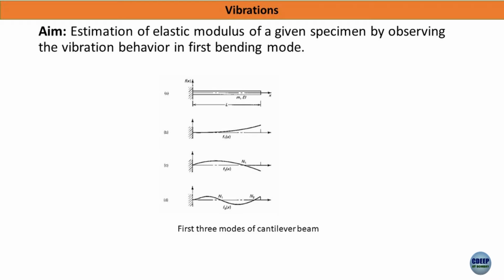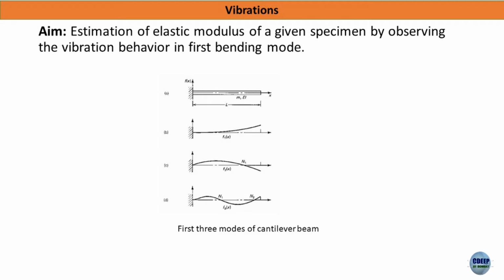In order to avoid this, we are exciting just the first mode or the first natural frequency of the cantilever beam, and we will be using the first natural frequency to calculate the Young's modulus of the beam. Here you can see that the first mode does not have any nodes in the equilibrium position, and the second mode has one node at an equilibrium position.